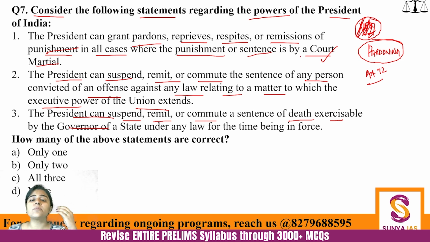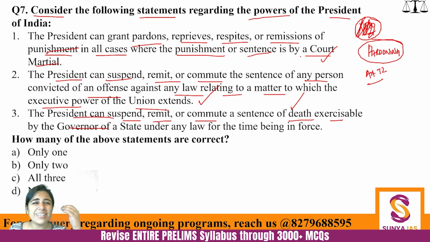Then president can suspend, remit to the extent on which the union power extends. This is absolutely correct. Of course, any union law which has been violated, for which there has been punishment, president can pardon that. President can suspend, remit the death sentence. Yes, president can suspend, remit the death sentence as well, right?